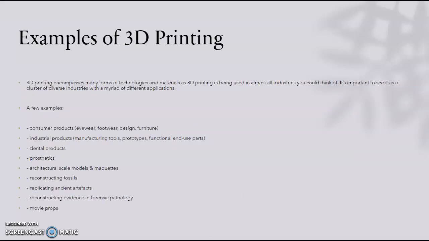Some examples of 3D printing. It encompasses many forms of technology and materials, as it is used in almost all industries. A few examples would be consumer products like eyewear, footwear, design, and furniture. Industrial products like tools, prototypes, functional and end-use parts.